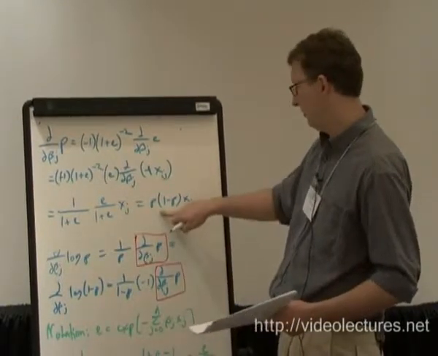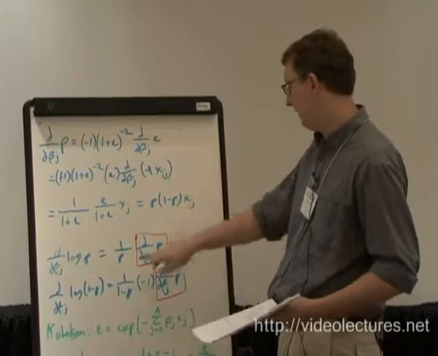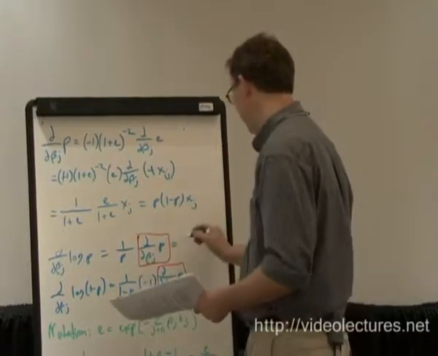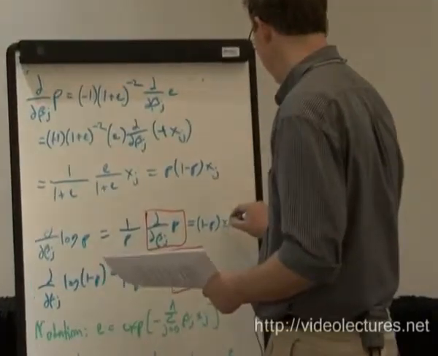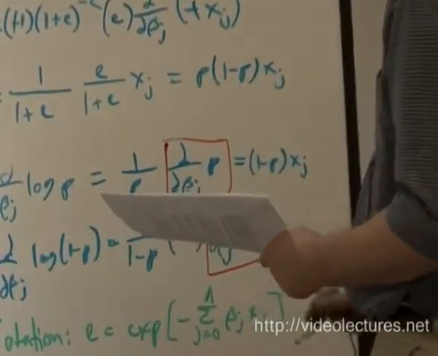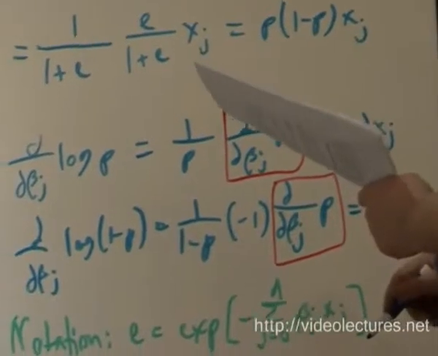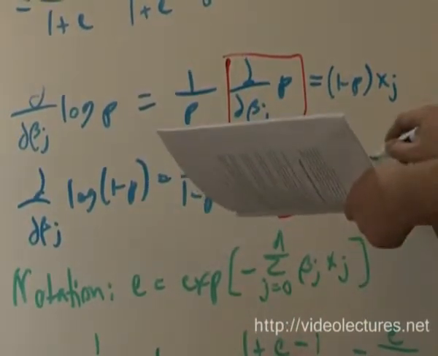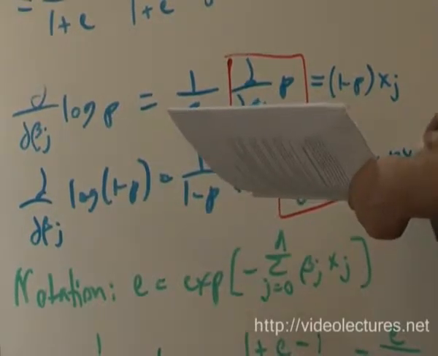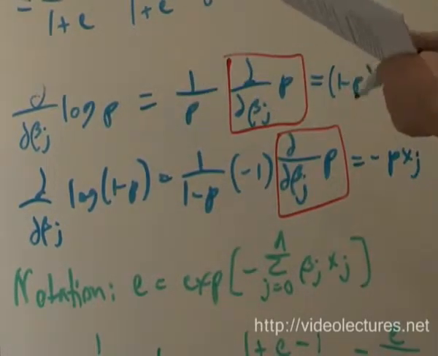This red box is this. I put it back in here, and the p's cancel. I get 1 minus p xj. And I fill in here, and the 1 minus p's cancel, and I get minus p xj.